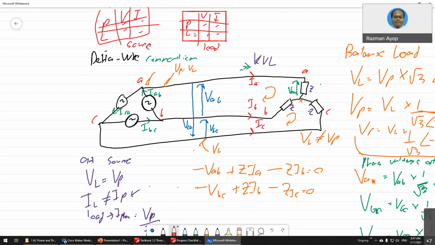For all of the three-phase connections, star-star, delta-delta, star-delta, delta-star, you have to find these 8 parameters.